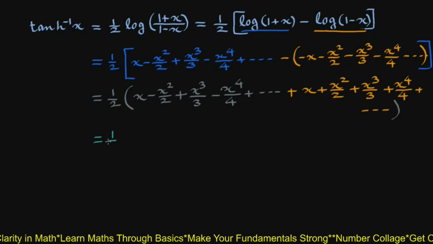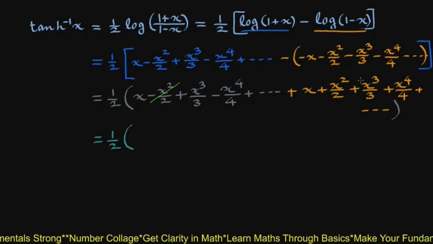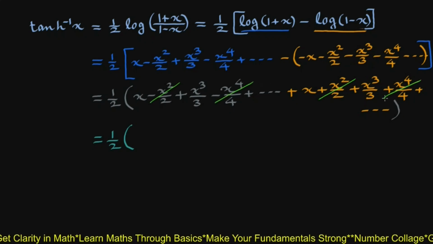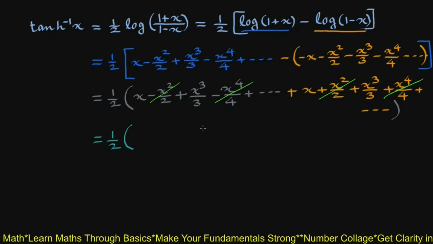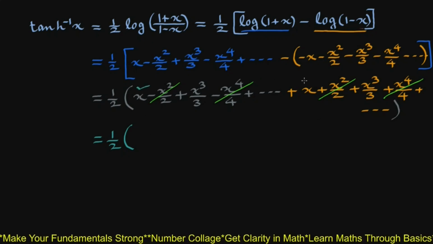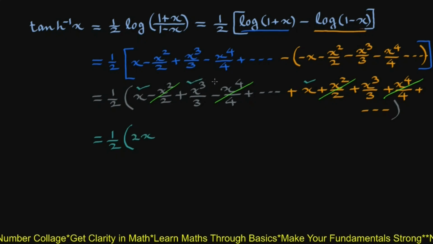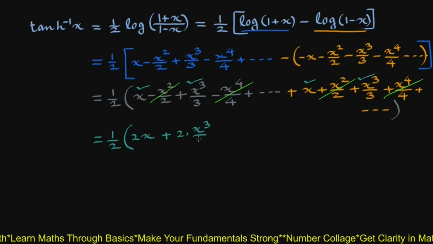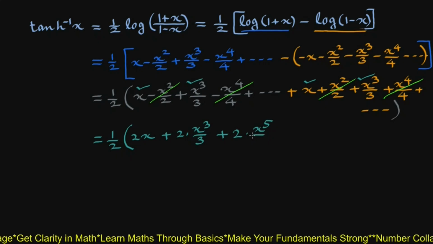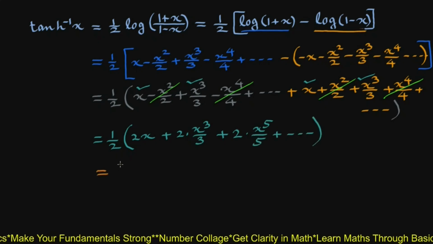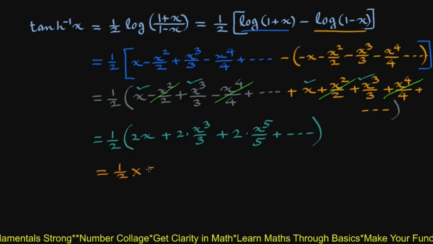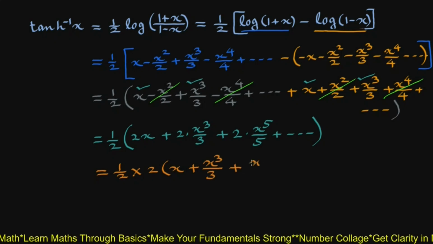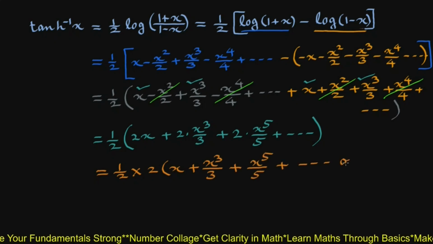This will be half into -x²/2 + x²/2 is 0, -x⁴/4 + x⁴/4 is 0, and so on and so forth. So x + x will be 2x, x³/3 + x³/3 is 2 times x³/3, plus 2 times x⁵/5 plus so on and so forth, which is half into, taking 2 common from each term, x + x³/3 + x⁵/5 + so on and so forth up to infinity.